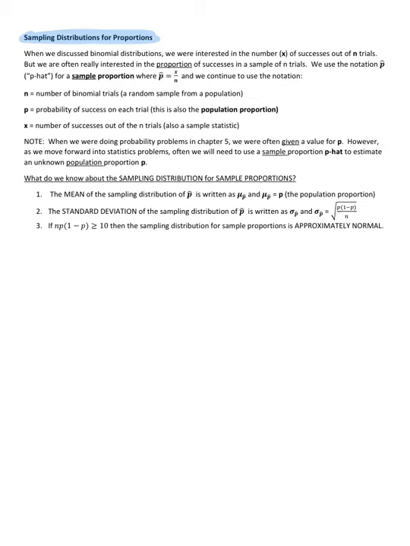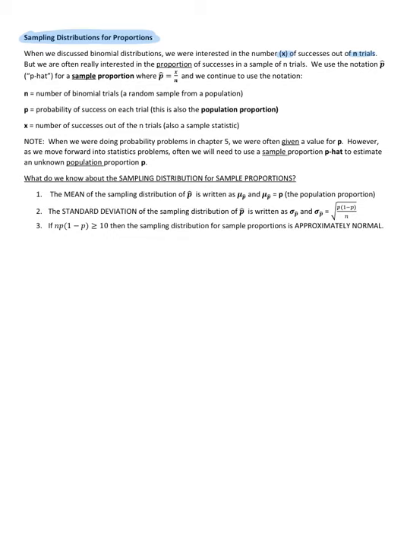When we talked about the binomial distribution in chapter 6, your favorite, we were interested in the number of successes, which is x, out of n trials. Remember, we have n fixed and independent trials, and then we have X amount of successes.